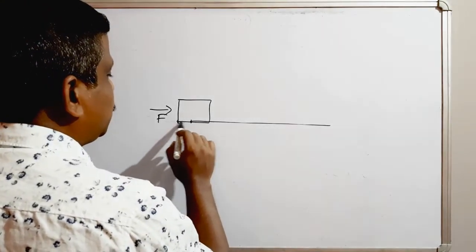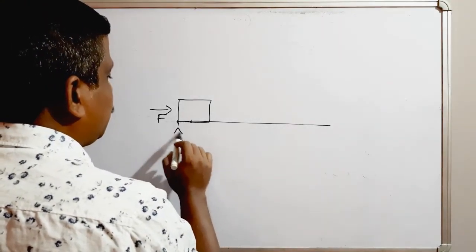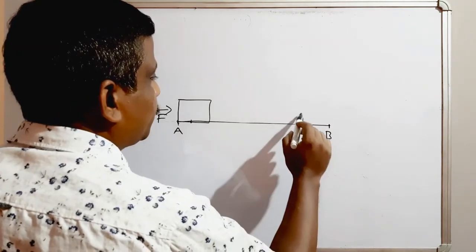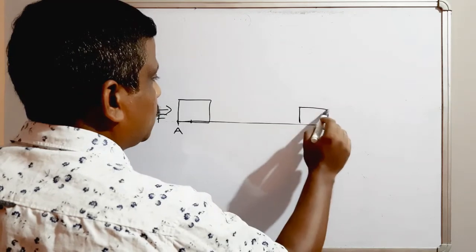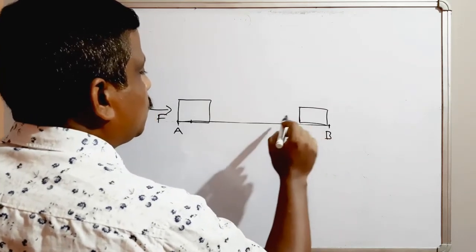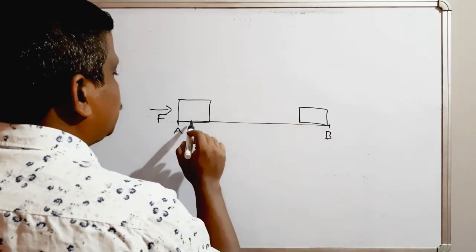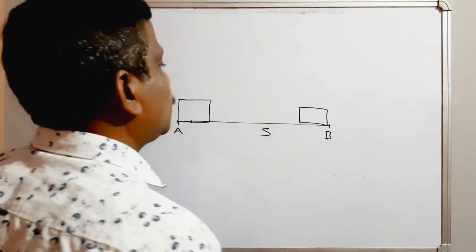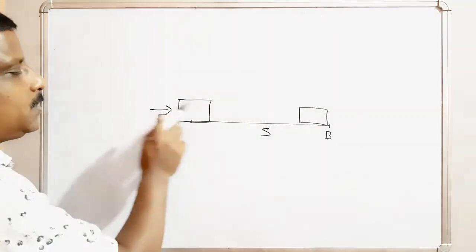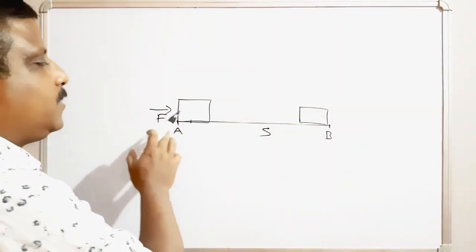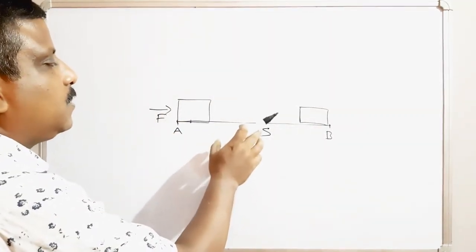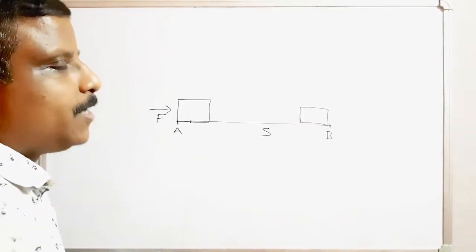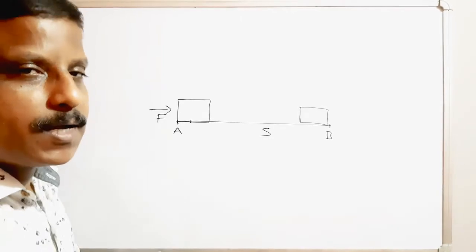Suppose this is the initial position A, it displaces to position B. So from A to B there is displacement, let it be S. So when force is applied on a body and it displaces a distance of S in the direction of the force applied, then we can say that some work has been done.